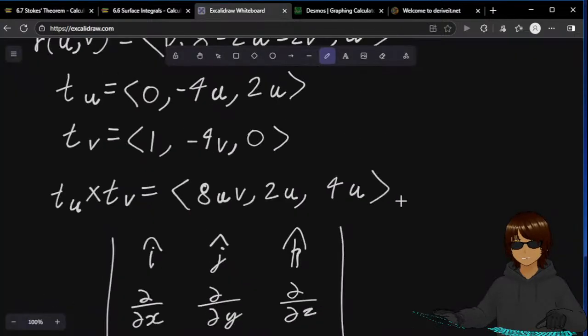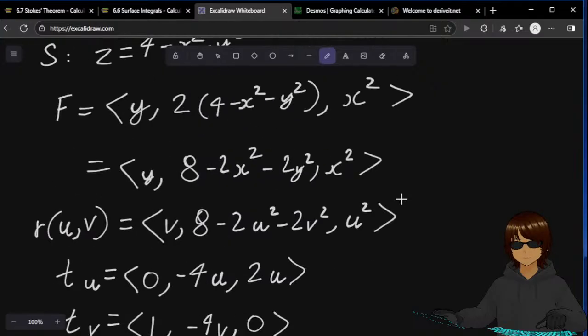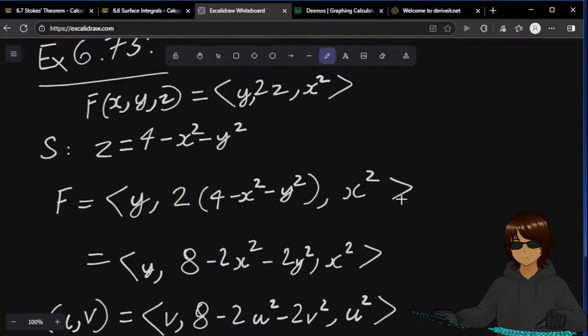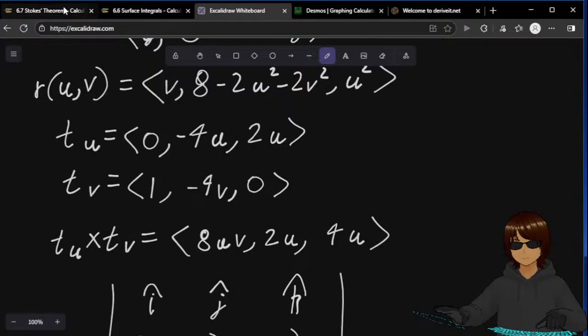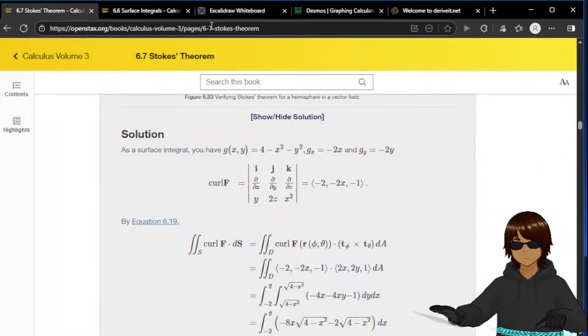How did they get this? G of x is minus 2x. G of y is minus 2y.